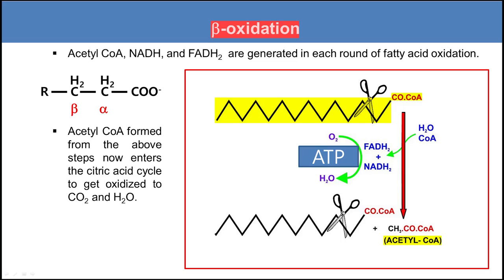And during these oxidative processes, in addition to one acetyl-CoA and the shortened fatty acyl-CoA product, FADH2 and NADH can be generated. Those reduced electron carriers inside the mitochondria can be used to drive ATP synthesis through the oxidative phosphorylation, OXPHOS pathway we studied in glucose degradation.